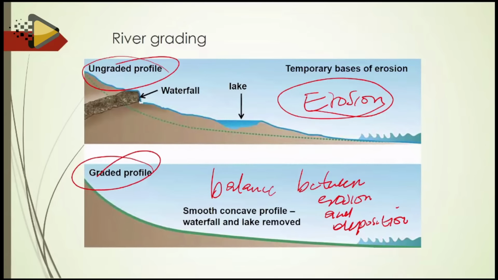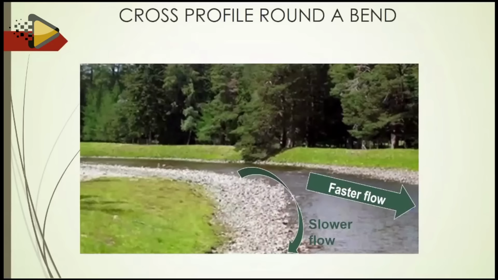But here, because there are obstacles or nick points, you must be able to define what a nick point is. So here is the gradient of the river, and at this point, it changes suddenly. Where there is a sudden change in the gradient of the river, we call that point a nick point.